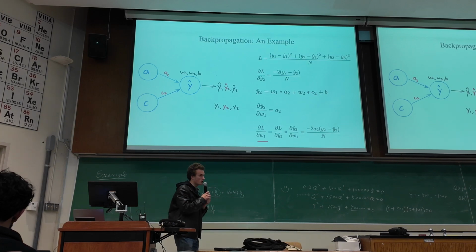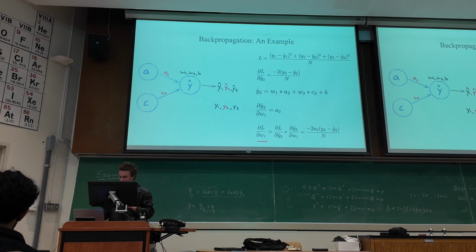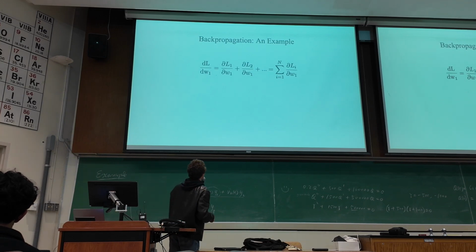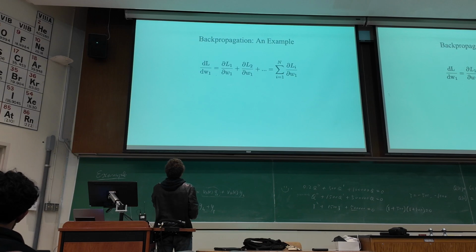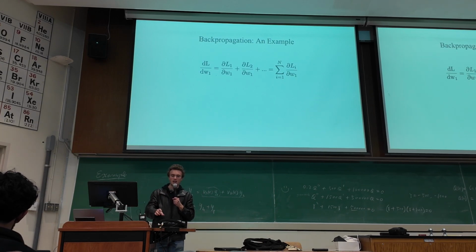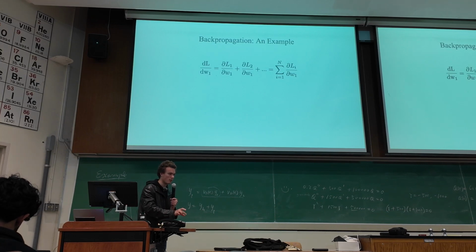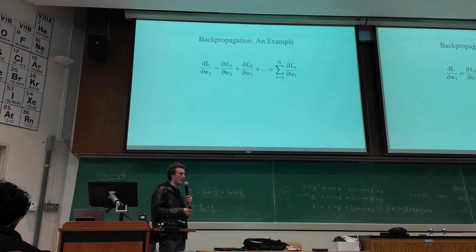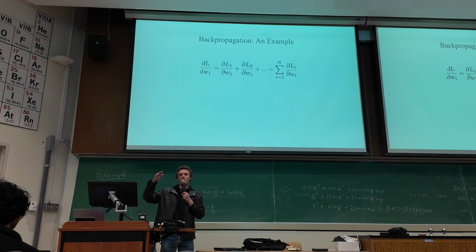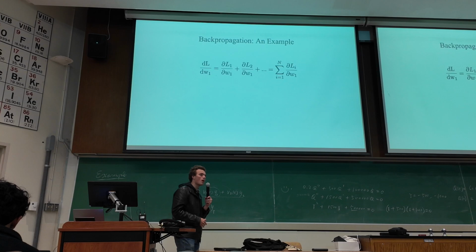And the reason we do it for all of them is because we want the total derivative, not just partial derivatives. So here, we want to know across all our training examples, how does the loss change with respect to this weight? And let's say that in the first example, increasing the weight would have increased the loss. But in the second example, increasing that weight by some amount would have actually decreased the loss a whole lot more.